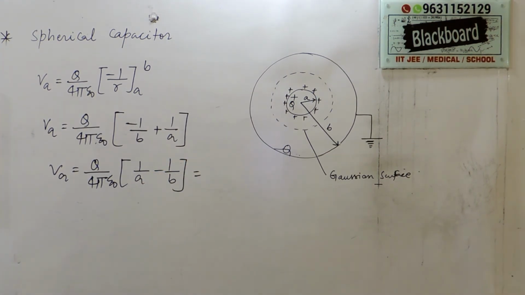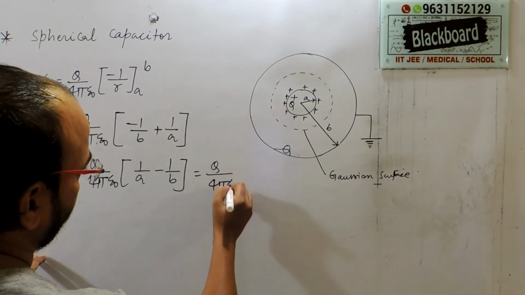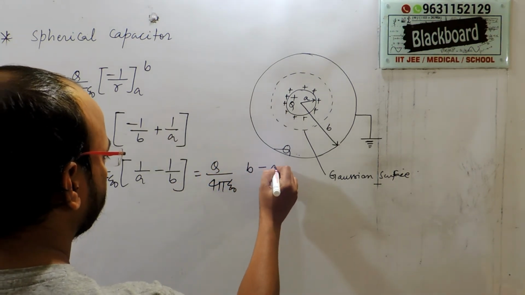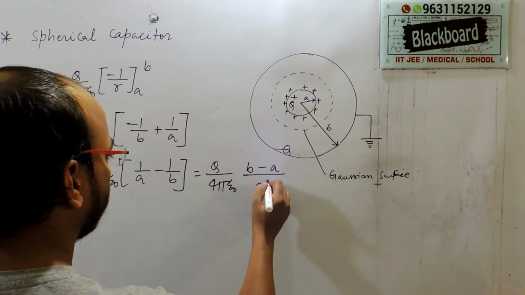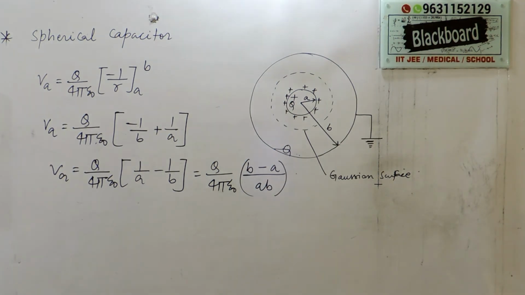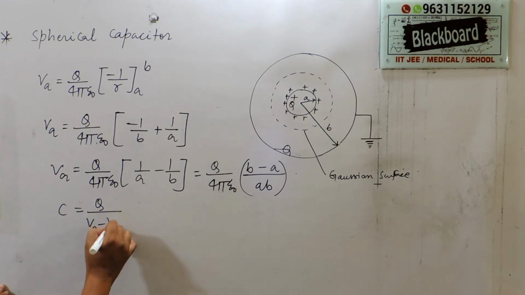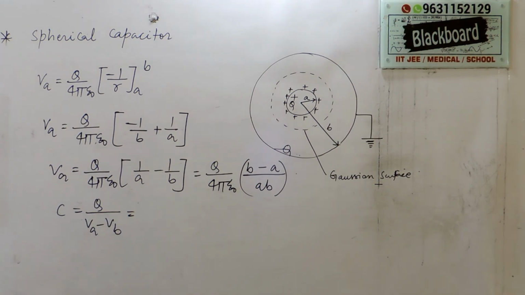Taking the LCM, you will get q by 4 pi epsilon naught into b minus a divided by ab.